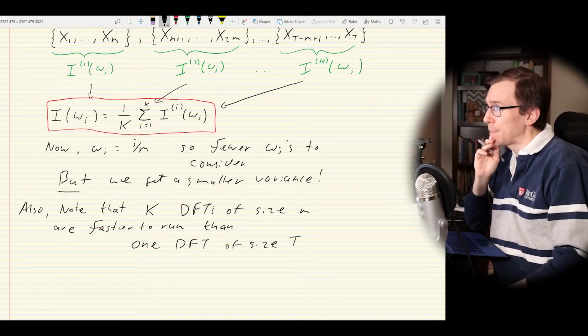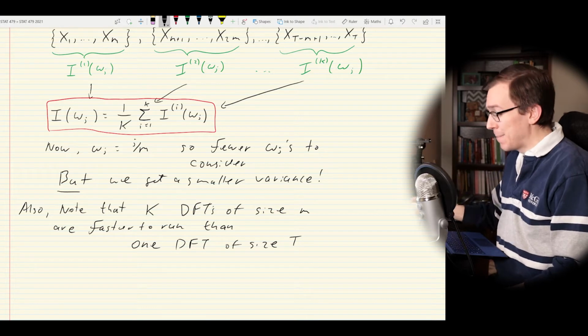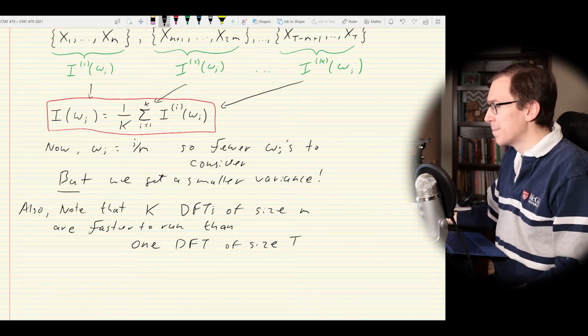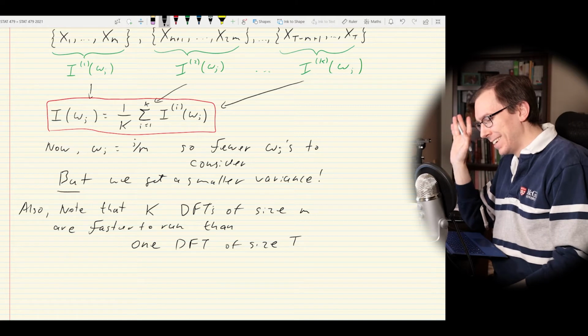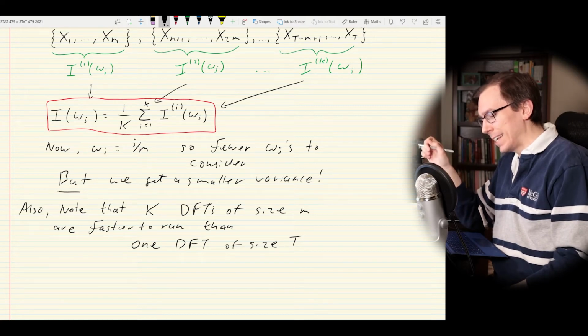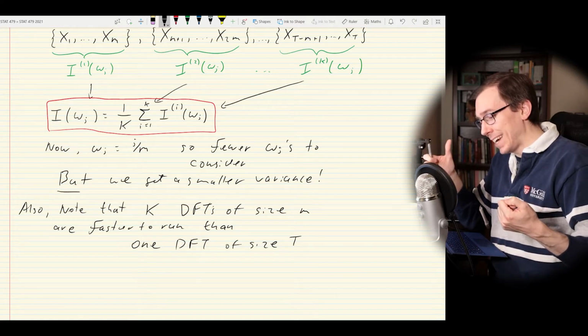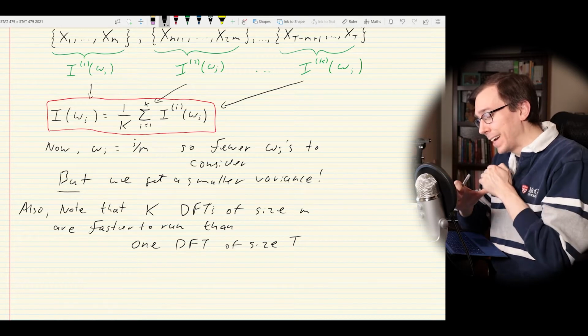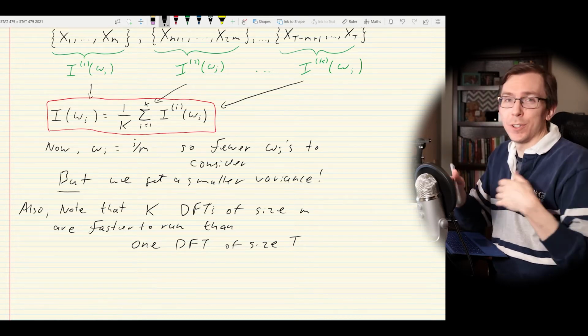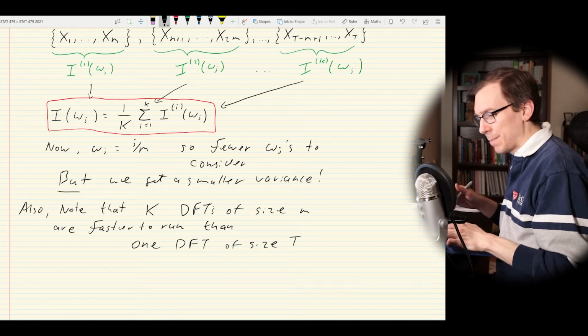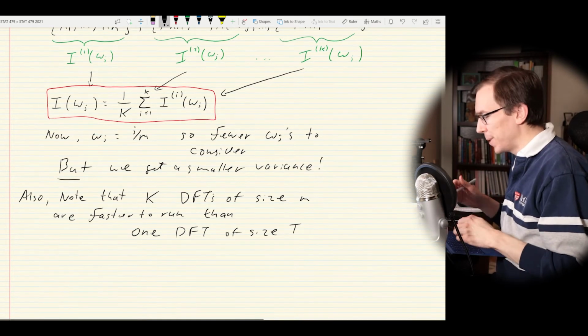So you probably could parallelize that algorithm. I'm not sure about other DFT methods, but anyway, that's a tangent. It's still worth noting that not only does it have a lower variance, but this approach will also compute faster for very large time series data. So two big wins for Bartlett.